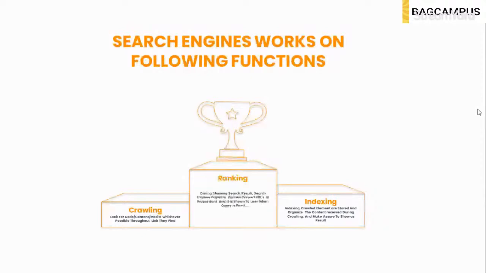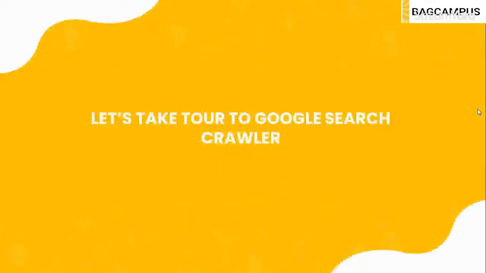And ranking: as per the query fired, it shows the rank. While showing the search results, the search engine organizes the various crawled URLs with proper rank and shows them. If you missed that, you can check out yesterday's session.